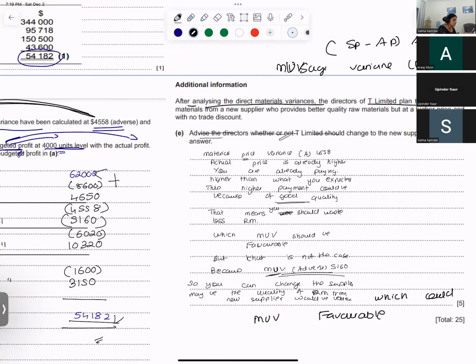But since the usage is negative in spite of paying a higher price, what should you do? You should change. You should try. Over here, it is not that you give 2 points for and 2 points against, because you have a clear picture. Okay, miss.